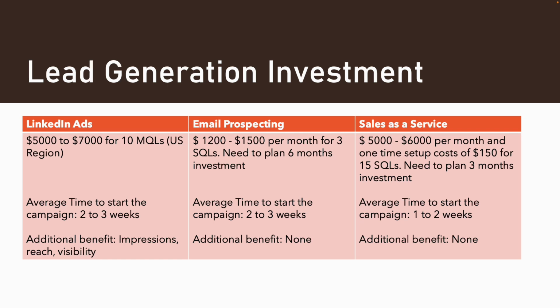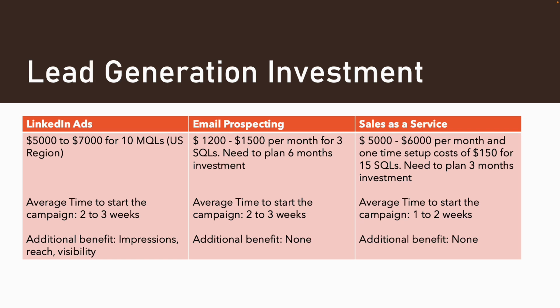So you need to plan around 3 months of investment to get an average of 15 sales qualified leads, and it takes a short time to start. If you are really in a hurry, want to scale this quickly, and you have the money, either through marketing development funds or you are ready to invest, I recommend using sales as a service, and you can see the results quickly.